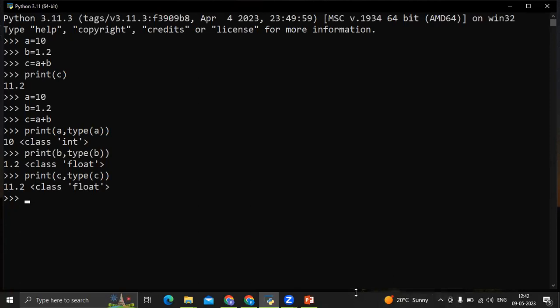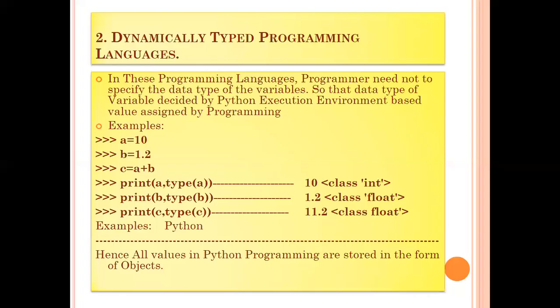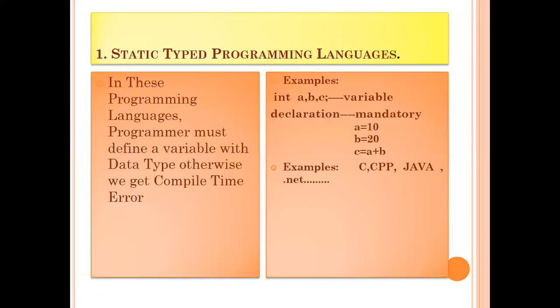So what did it do? It need not specify the data type of the variables. Earlier, it was necessary to define variables with the help of a data type, like int a, b, c.